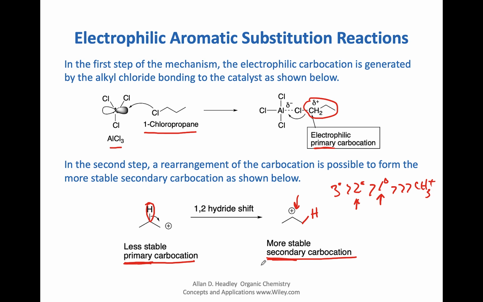So you know what's going to happen. The benzene will react with this one, and it will also react with this secondary carbocation. But we will get a lot of this reaction because it is more stable and you'll have more generated.